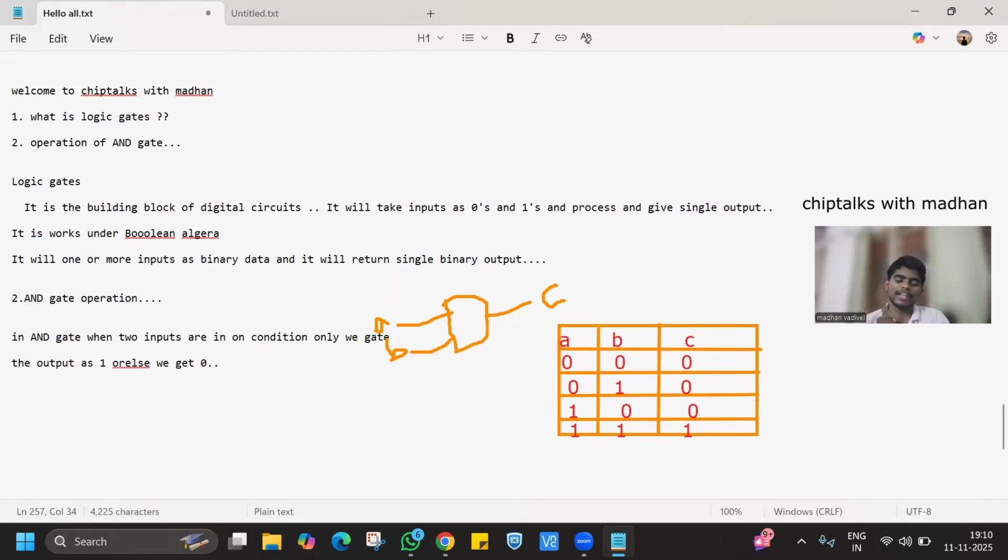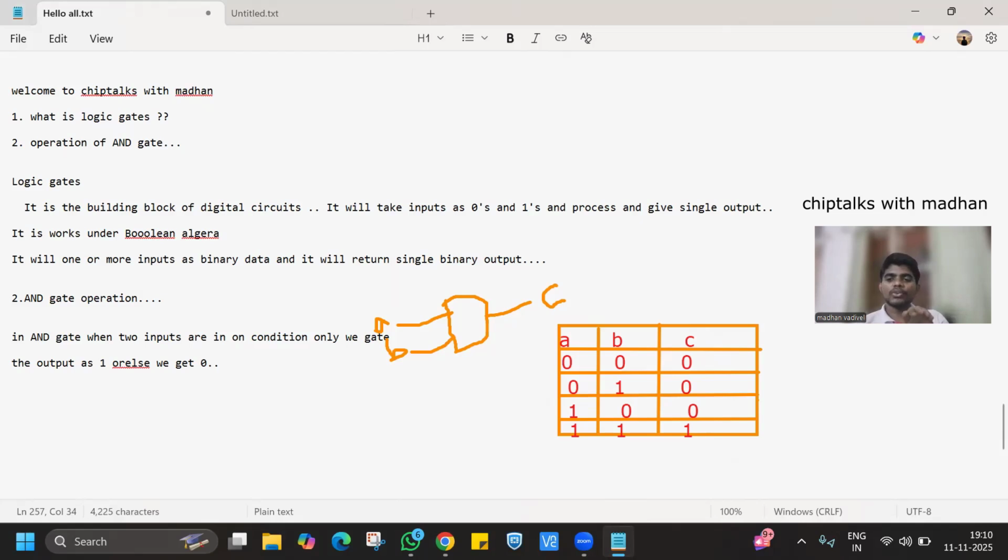If A is 0 and B is 1, meaning A is off and B is on, the bulb also will not glow. But only when A is on and B is also on, the bulb will glow. Like that, the AND gate operation works. The AND gate operation is when both inputs are in the on condition we get 1, or else we get 0.